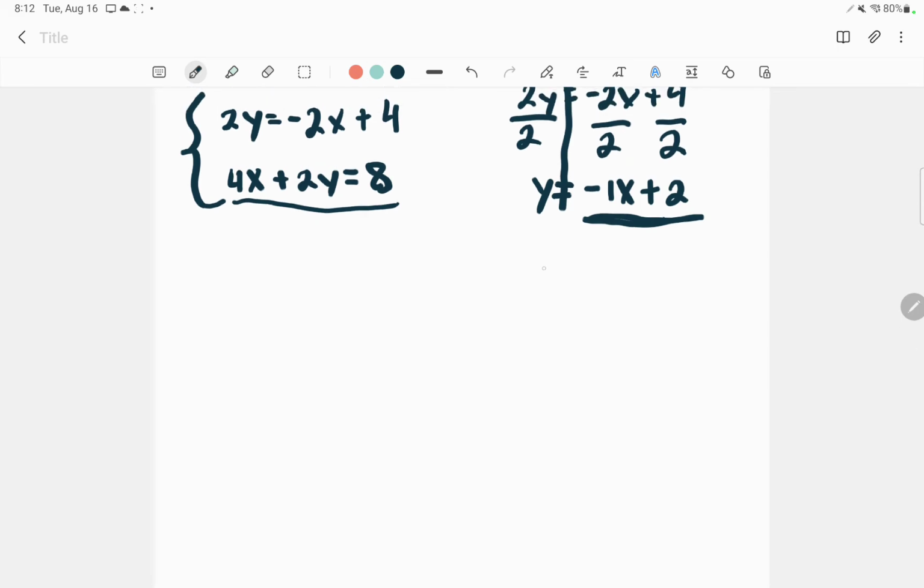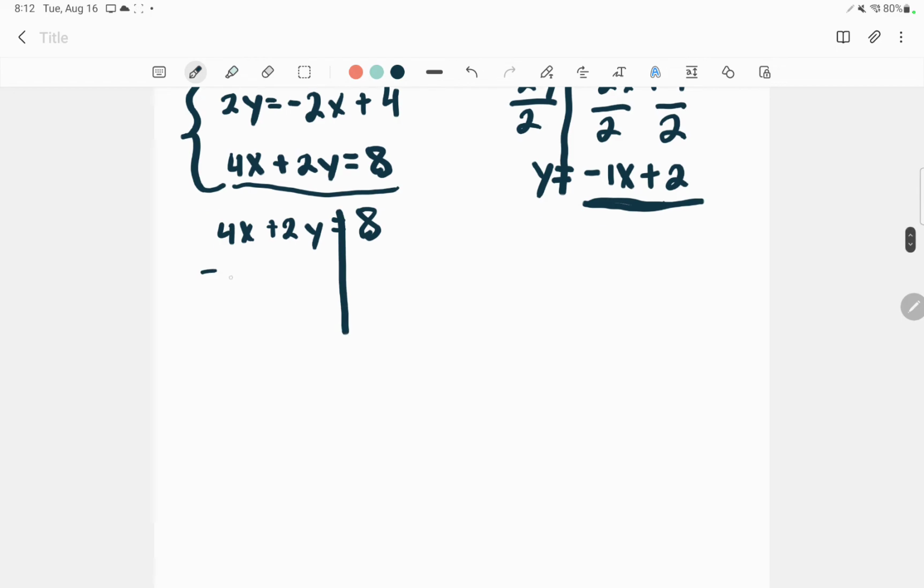So I'm going to start with 4x. I'm going to do it on the side though. 4x plus 2y is equal to 8. Now, I need to move everything to one side and leave the y alone. So I'm going to start with the 4x. I'm going to move it to the other side, which is going to give me what? -4x. Now my 4x and -4x are going to cancel out. Over here, the 8, I'm going to bring it down.